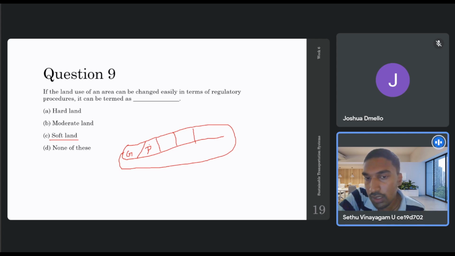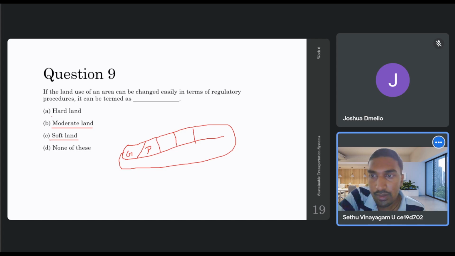In that case, we need to get the land from these private landowners and modify it, which they may not readily agree to. But it is still possible once we make them agree, by compensating them or involving them in the project. Those kinds of lands are called moderate land use.